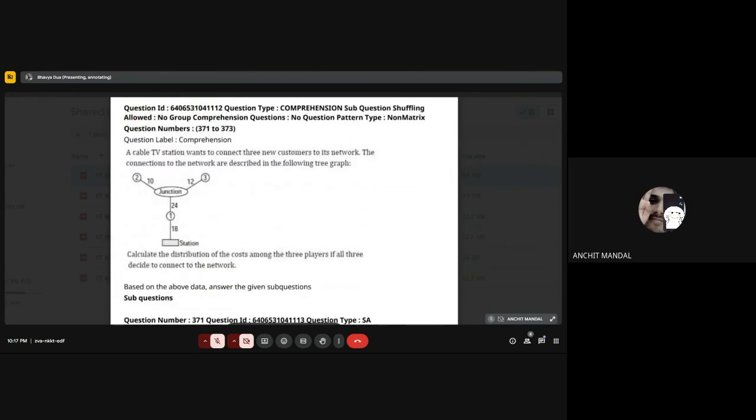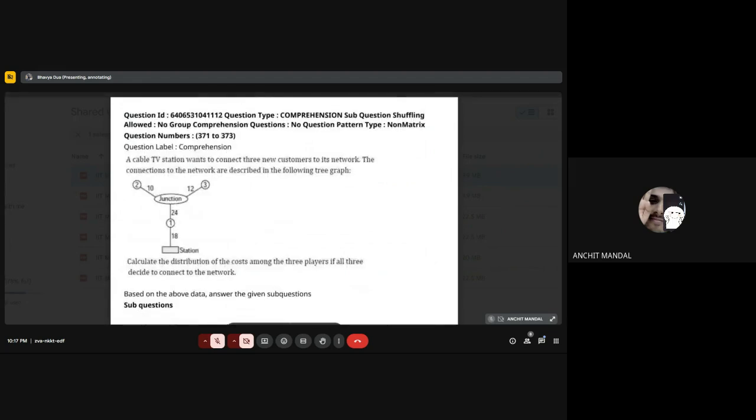Cable TV. So this one he has explained, right? How to do it easily. The first thing to do is, there is a twist here. The twist being that user 1 is not connected to the junction. User 1 is connected to the station directly, but everybody will share the cost of this one because it's common.